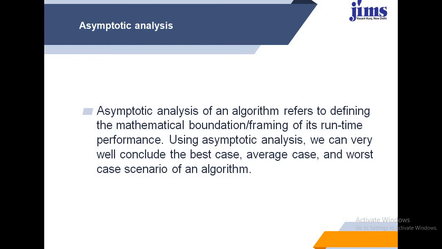Using asymptotic analysis, we can very well conclude the best case, average case, worst case scenario of the algorithm. Okay, so asymptotic is a mathematical way by which you can find the cases like best case, average case and worst case.